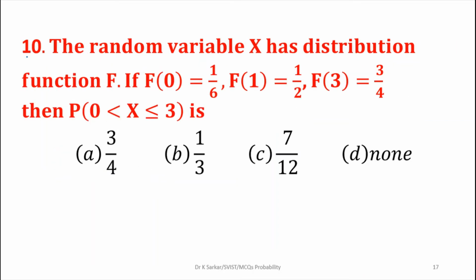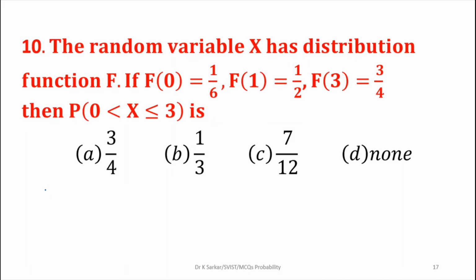Question number 10. The random variable x has distribution function F. If F(0) equals 1 by 6, F(1) equals 1 by 2, F(3) equals 3 by 4, then we have to find the probability for x less than or equal to 3 and greater than 0.